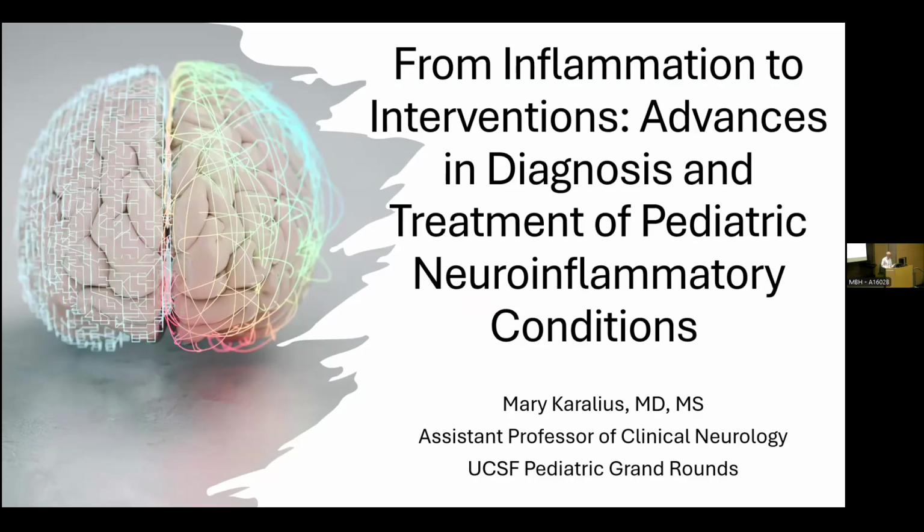The work she does grew directly out of her clinical experience caring for patients with unexplained brain inflammation. Today, she'll share emerging advances in diagnostics and therapeutics that are improving our ability to identify and treat pediatric neuroinflammatory conditions. So please join me in welcoming Dr. Karalius.